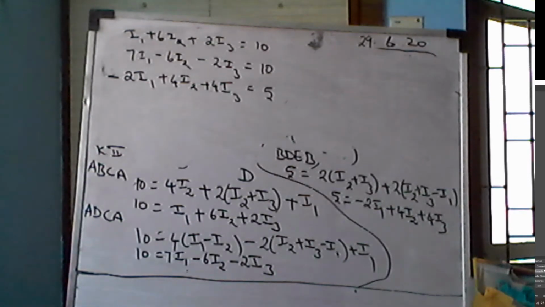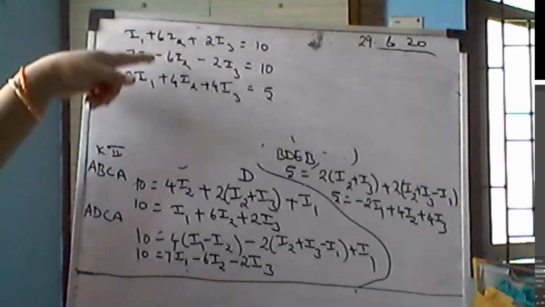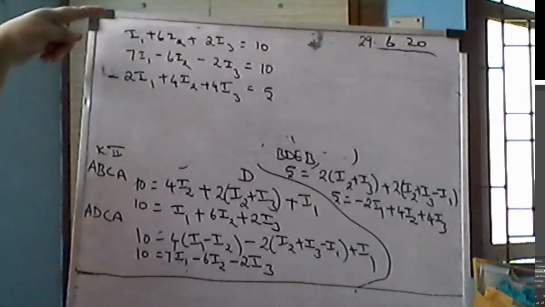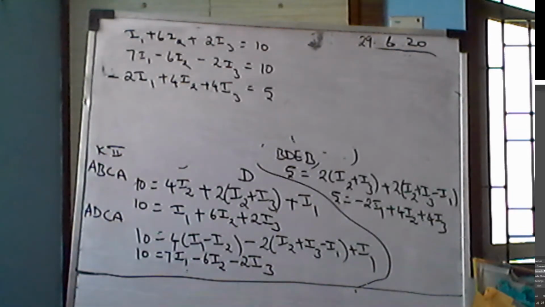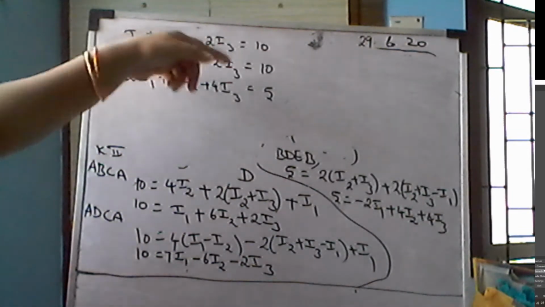Now what you can do is find out from the first two equations: if you add both, this will be cancelled.